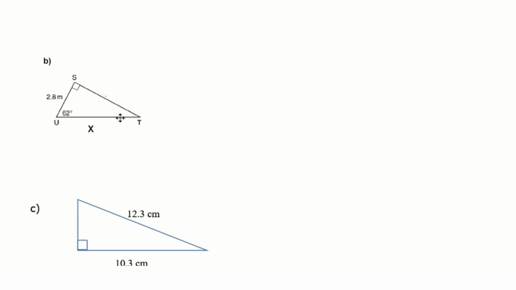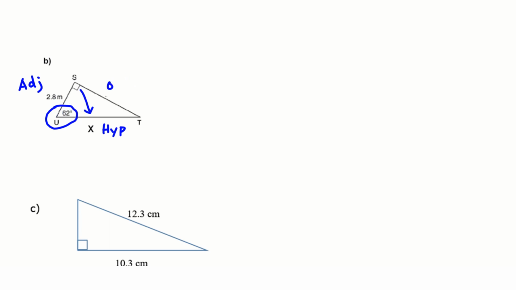Figure B, we want to find the UT side, the x. So this one, we want to use a given angle that is not 90 degrees to label this triangle. The longer side is always the hypotenuse. Then for the angle U, you have two unknown sides: one is the hypotenuse, another one is adjacent. The adjacent means next to the angle we picked.